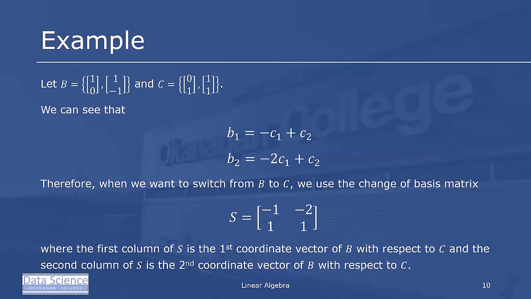And B2 we find to be negative 2 C1 plus C2. Therefore, if we want to switch from basis B to C, we use the change of basis matrix S, which is (-1, 1), (-2, 1), where the first column of S is the first coordinate vector of B with respect to C, and the second column of S is the second coordinate vector of B with respect to C.